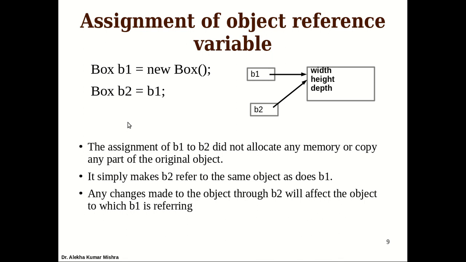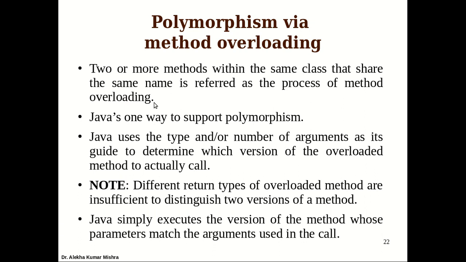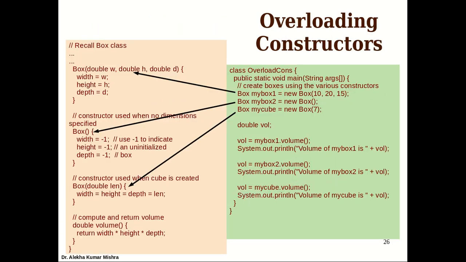Here we are simply referring. So b2 is another reference to b1. That's why it becomes call by reference. Whatever changes are made to b2 will be reflected in the main object, and through b1 we can see those changes. That's why it is call by reference. So because of this feature, when we pass an object, that becomes call by reference.